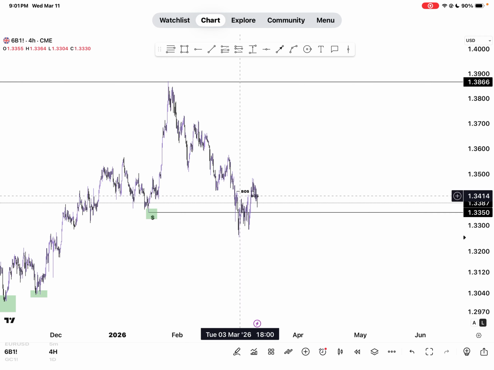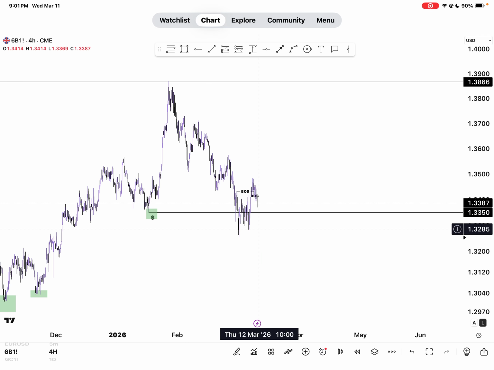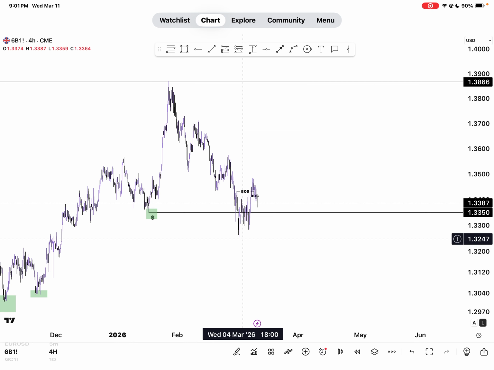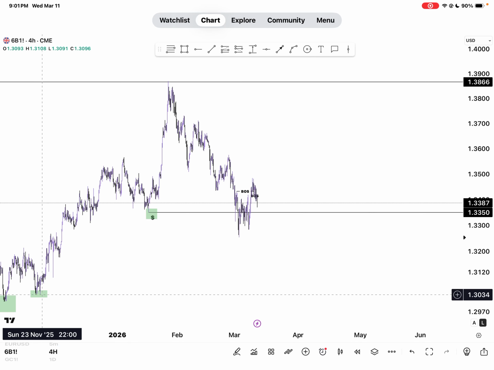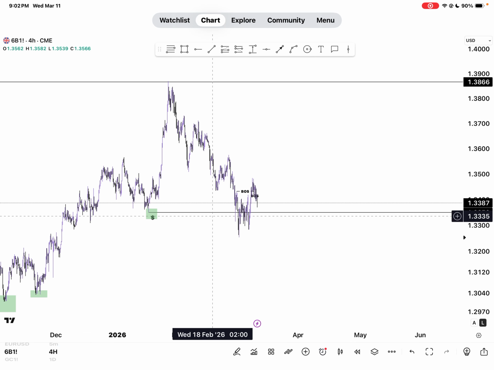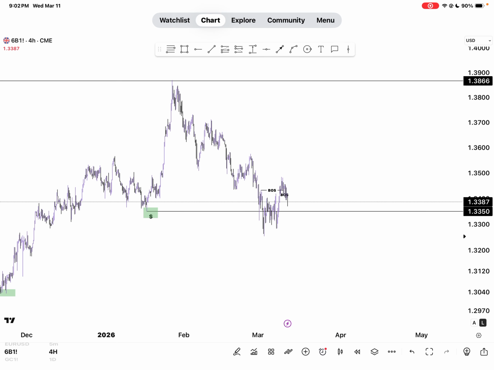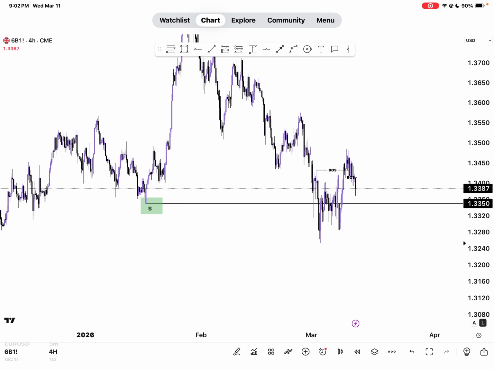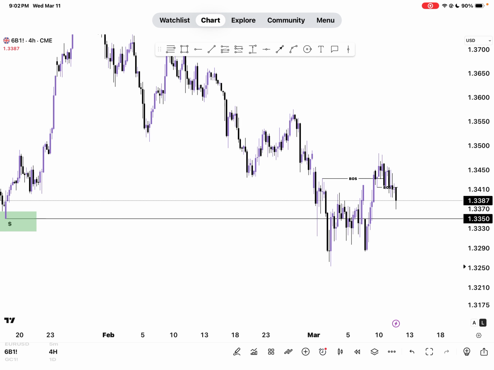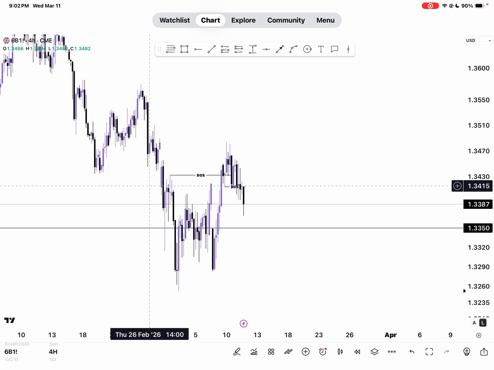I would not be surprised if we get continuation of the bearish bias to take out these immediate 4-hour liquidity points and then start moving towards our next structural point. We could still get a little bit more sensitivity, a little battling here, but as you can see, we've clearly had one transition and two transitions in succession that would have been missed by a lot of people, but we'll see what happens going from here.